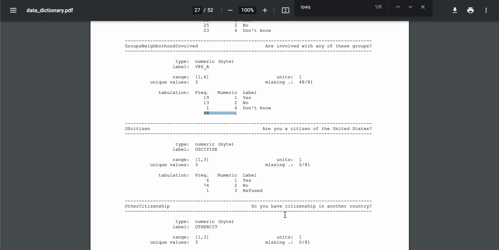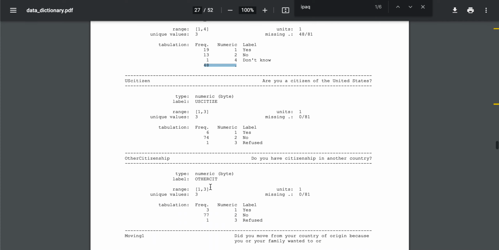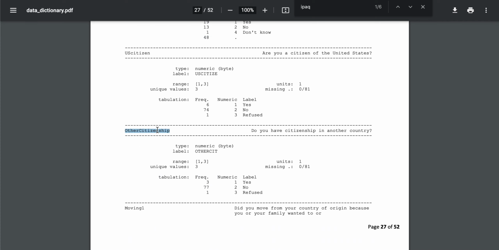US citizen, 74 in one category, so not very useful. Other citizen, it might be interesting to see whether that has an effect, but when you have 6 observations in one category, and so many predictors, I don't think you can capture that effect with 6 observations.